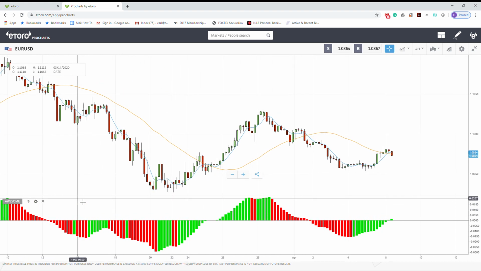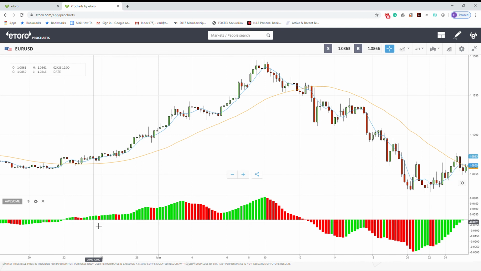Yep. Here you can see we are in a bull market, so above the zero line. We have two green and one red in the middle. The first is the green one, then the second is red and smaller, and the third, which is green, is higher than the two other columns, more than the first one.